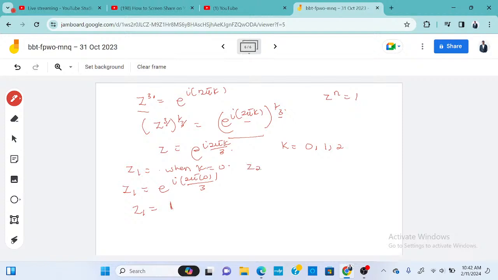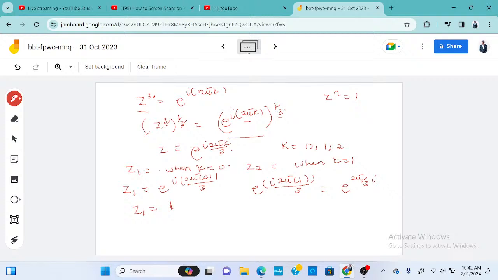Let's talk about z2. That's the second root. z2 is when k is equal to 1. When k is equal to 1, you simply get e to the power i multiplying 2 pi multiplying 1, everything out of 3. This gives me e to the power 2 pi on 3 i.